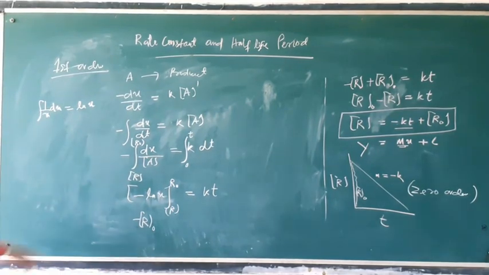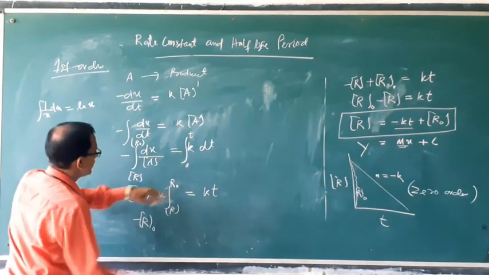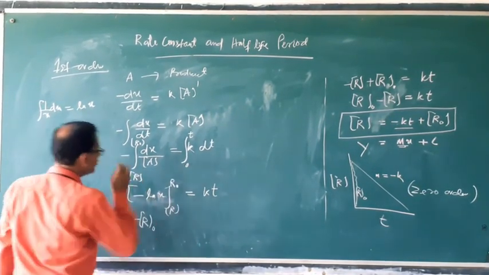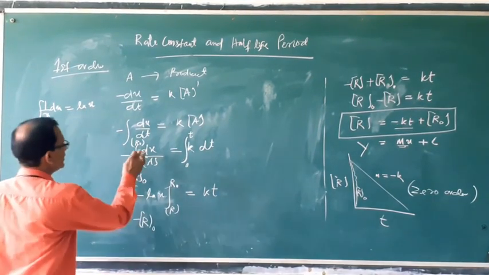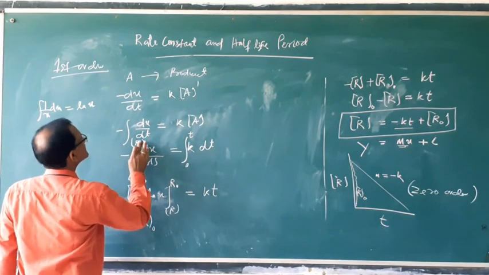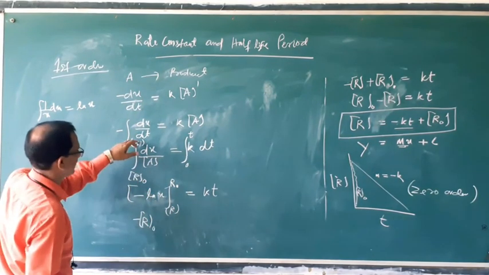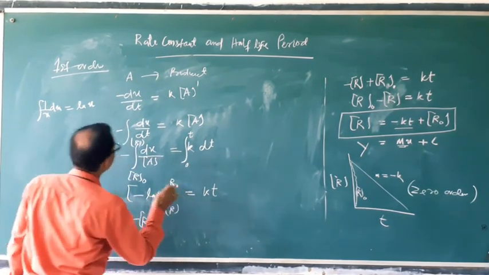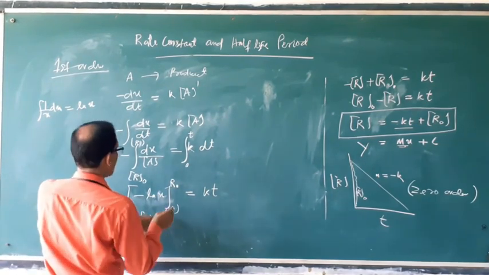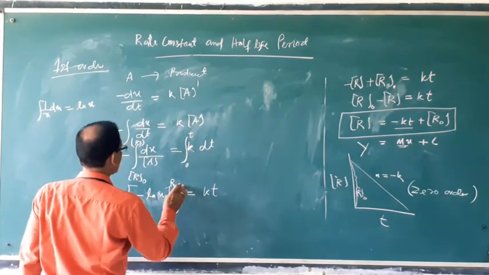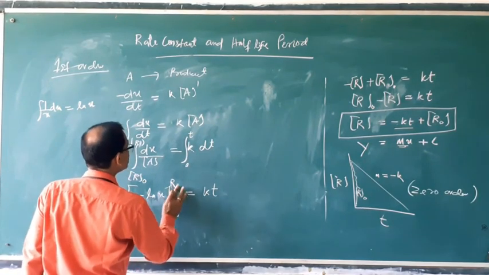When concentration is taken 0, that is your initial value 0. So after time t, mass left is r. So r0 to r.